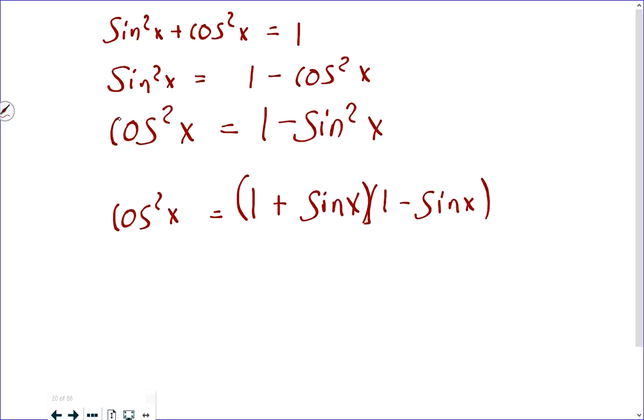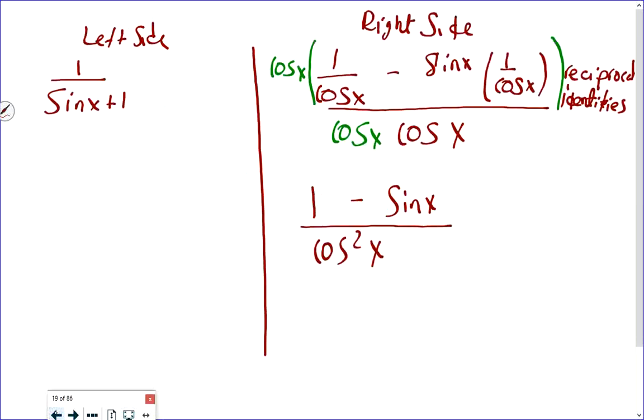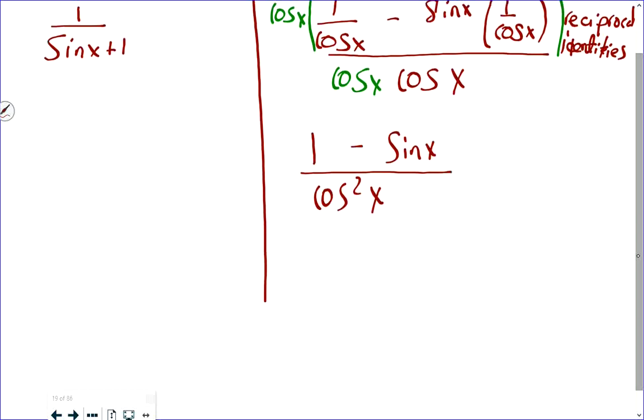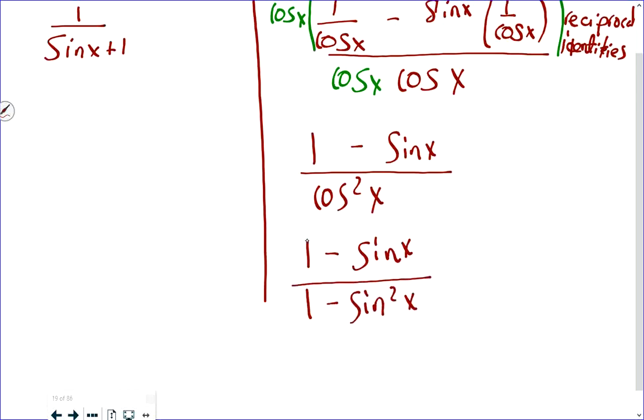In other words, 1 minus sine squared, this thing I'm pointing at right now, is a difference of squares, and it factors into the two conjugates. If you can see that, and you look ahead, replacing cos squared with 1 minus sine squared is just one tweak away from factoring that bottom to cancel the 1 minus sine x's.